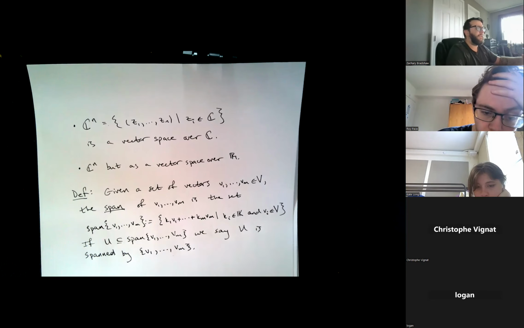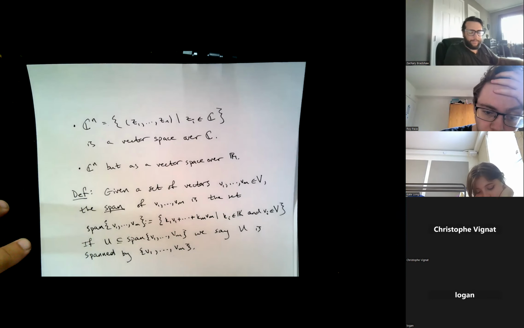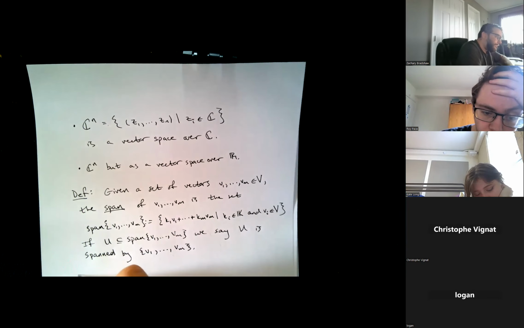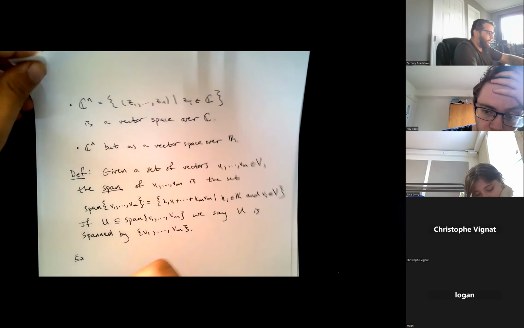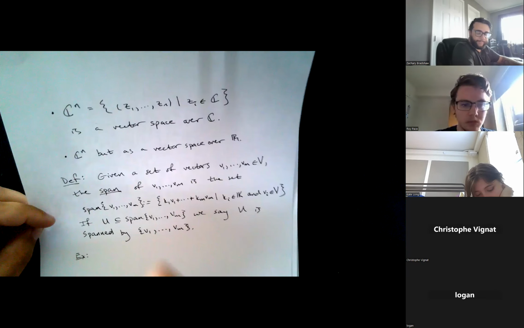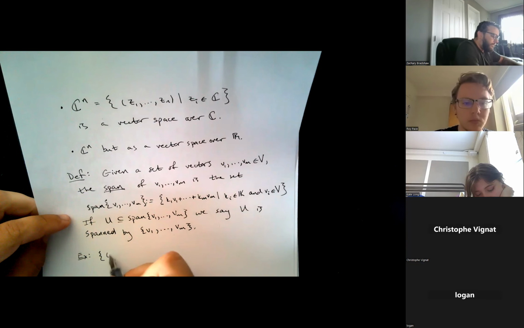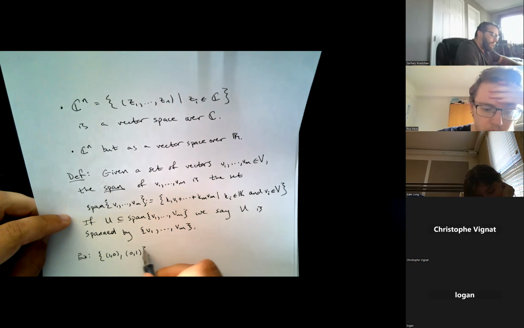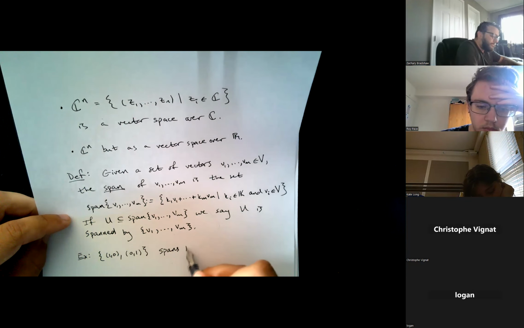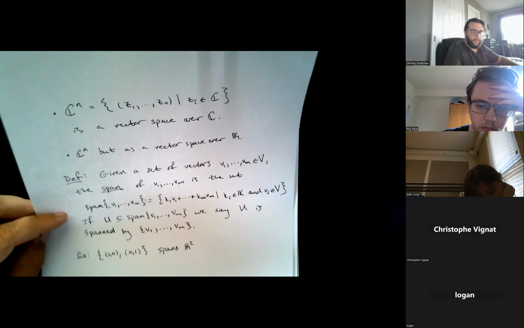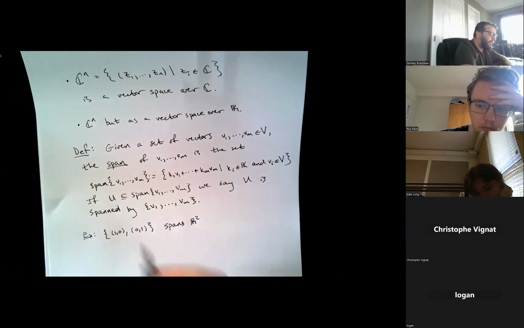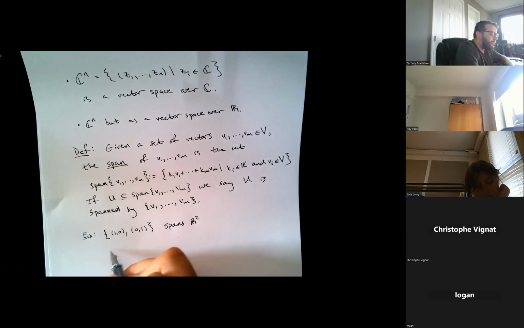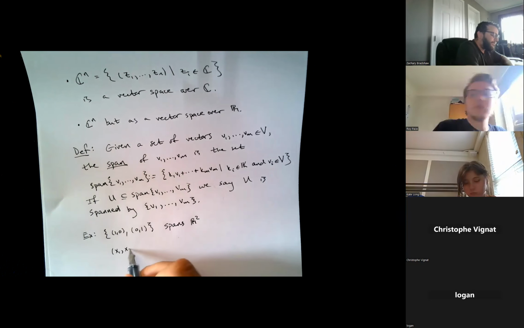I should say that I'm dealing with finite dimensional vector spaces today. Here's an example. You can take the set (1, 0) and (0, 1). And this spans R2. How do we know that? Well, anything in R2 looks like (x1, x2).